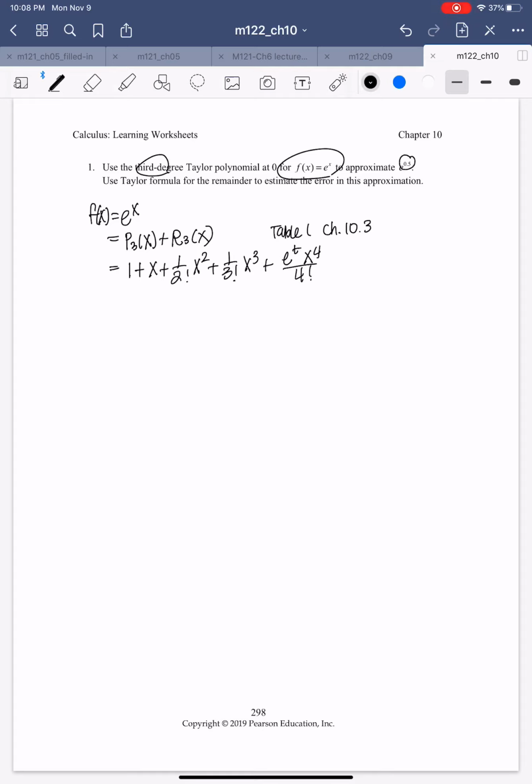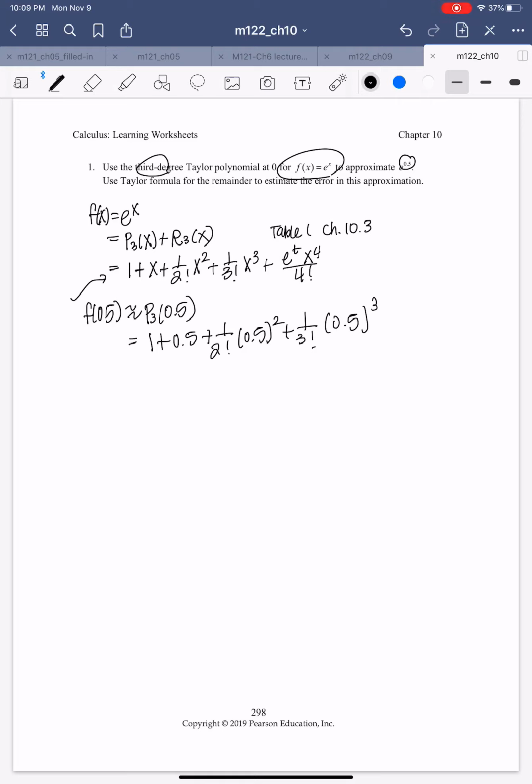Therefore, we want to take an x value of 0.5. So f of 0.5 is about p of 3 at 0.5. I directly plug it in here: 1 plus 0.5, plus 1 over 2 factorial times 0.5 squared, plus 1 over 3 factorial times 0.5 cubed.